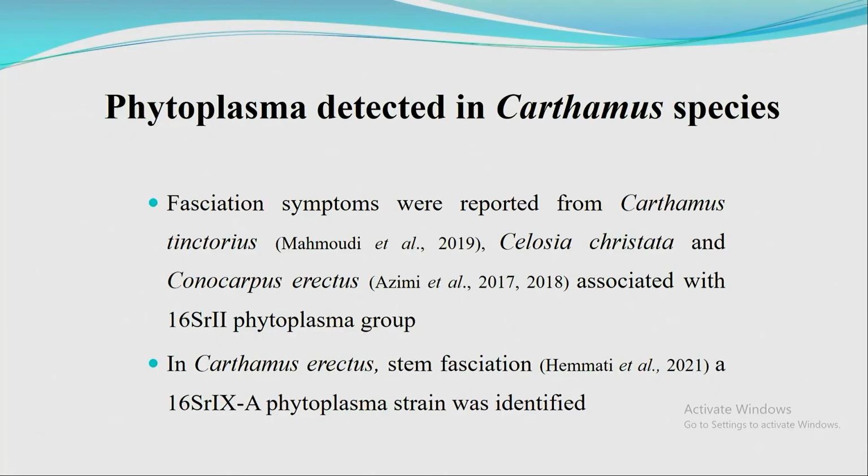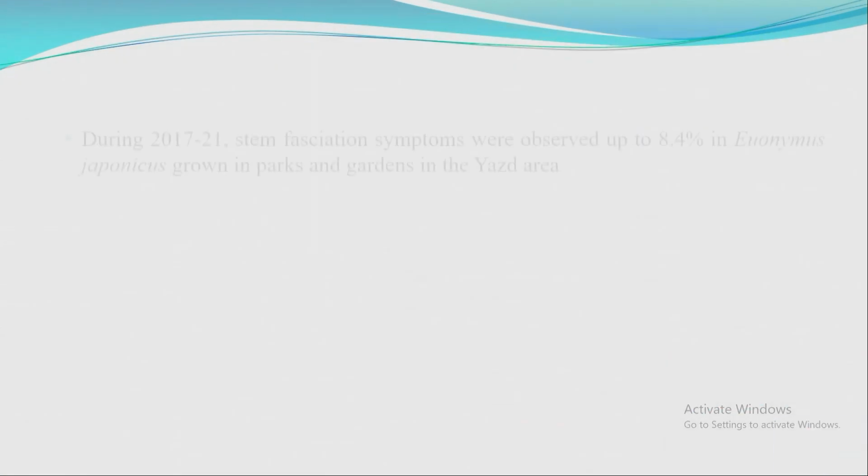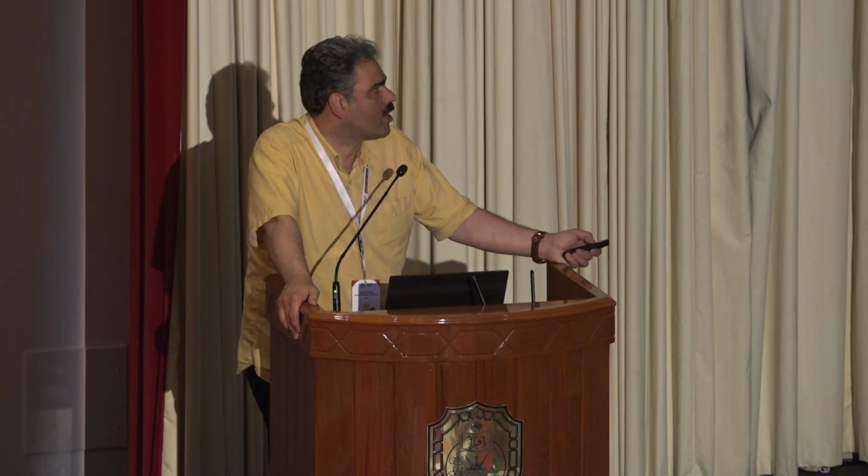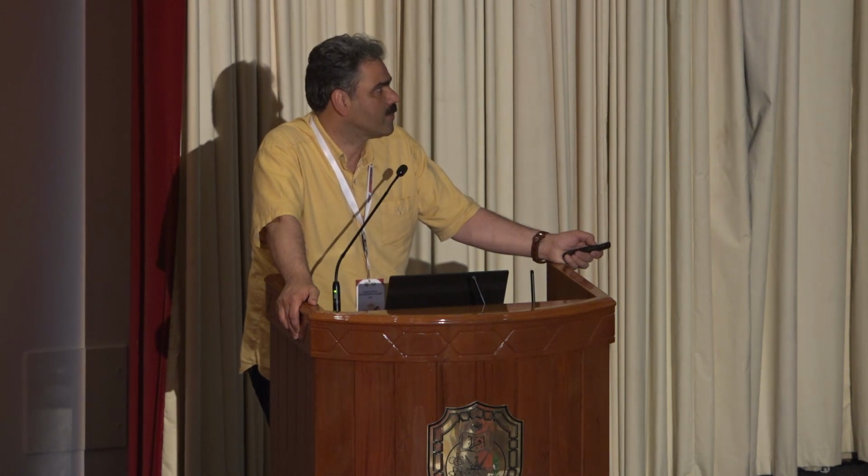Many symptoms of fasciation or flat limb were observed and reported from Iran in Carthamus tinctorius, as peanut witches' broom and also 16SrIX subgroup A. Stem fasciation symptoms were observed in up to 8.4% of Euonymus japonicus grown in parks and gardens in the Yazd area.